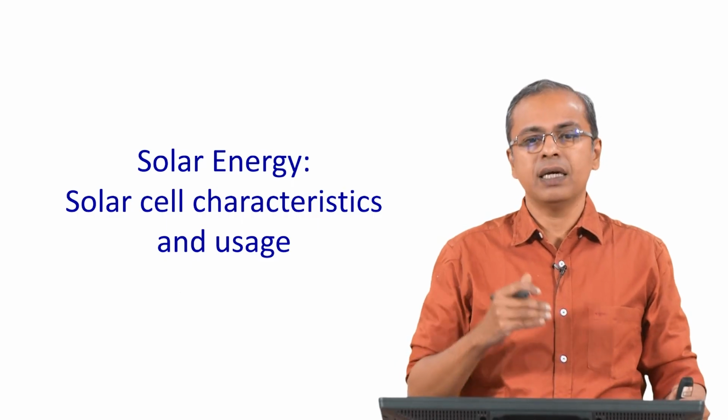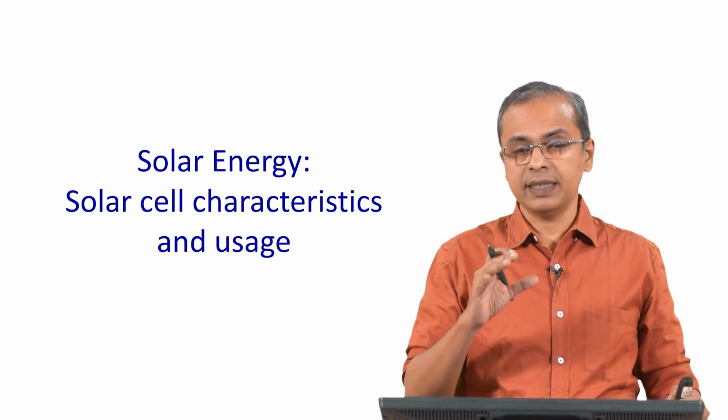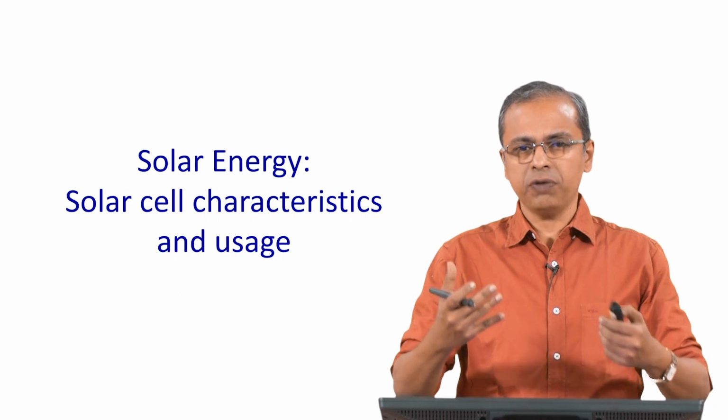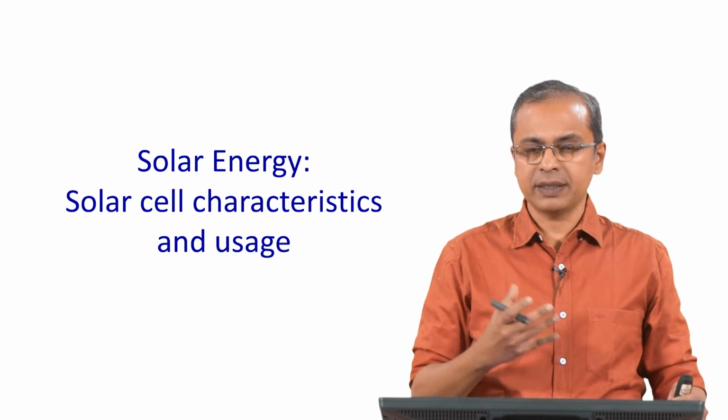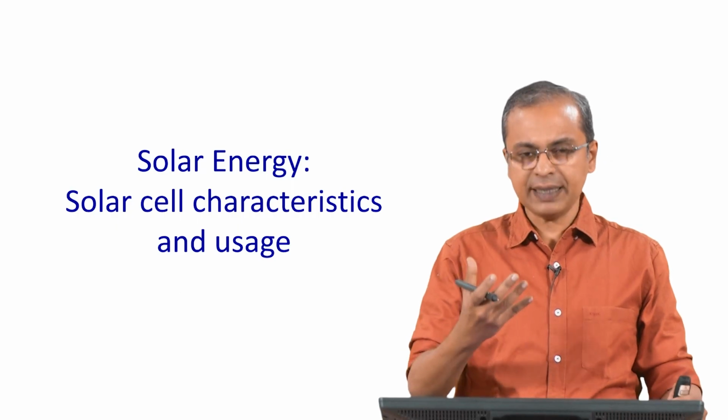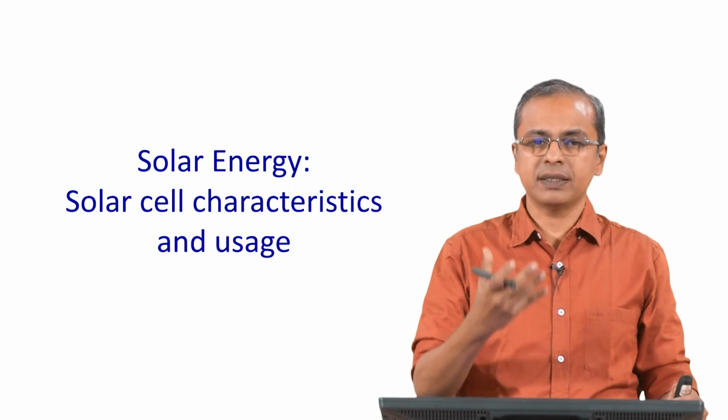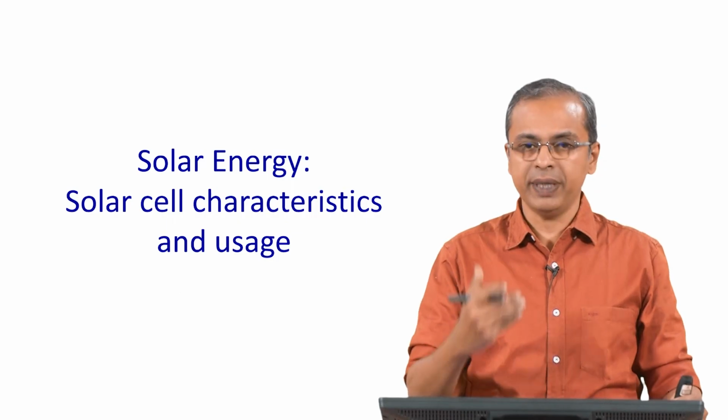In this class, we are going to look at the solar cell characteristics and usage from an external circuit perspective. We looked at it only as a PN junction previously. Now, fundamentally it is a PN junction, so those characteristics are going to be there.